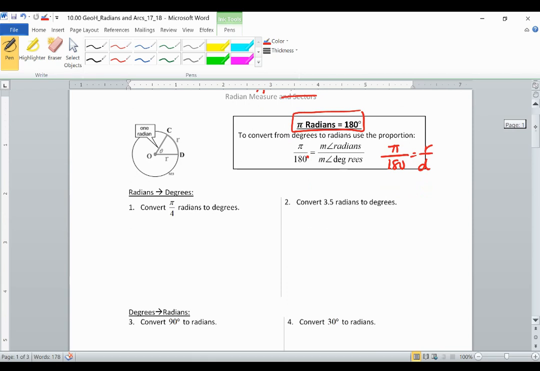You don't have the proportion on your reference sheet, but it does tell you a conversion on there. I like the proportion better. I see students have a lot more success using the proportion. And then sometimes students, once they start to realize what's happening, when they use it a lot, they can shorten it up a little bit too. We'll talk about that as we go.